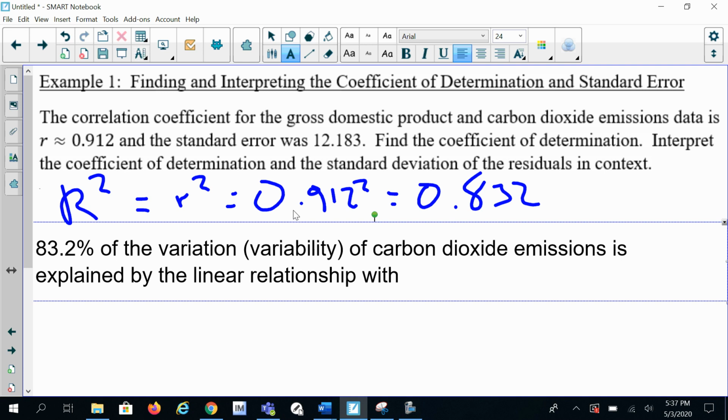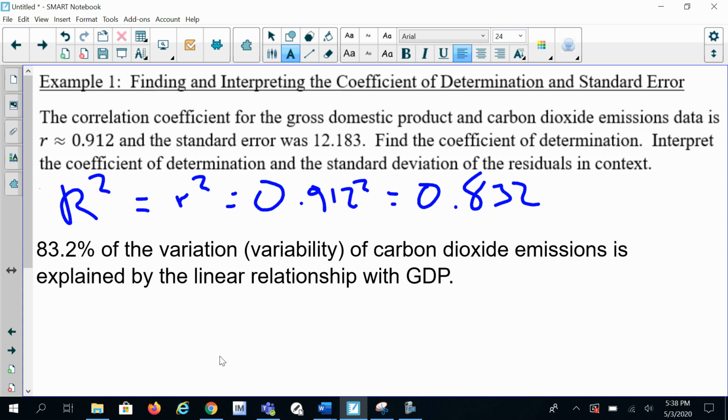So x in our case is gross domestic product or GDP. So 83.2% of the variation of carbon dioxide emissions is explained by the linear relationship with GDP. And you just interpreted R squared, the coefficient of determination. It's that simple. You just plug in those three parts into your little sentence that you can look at, and you're done.